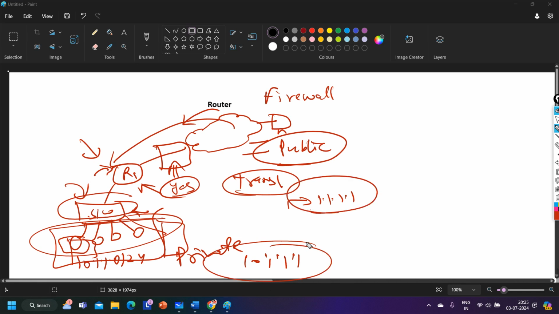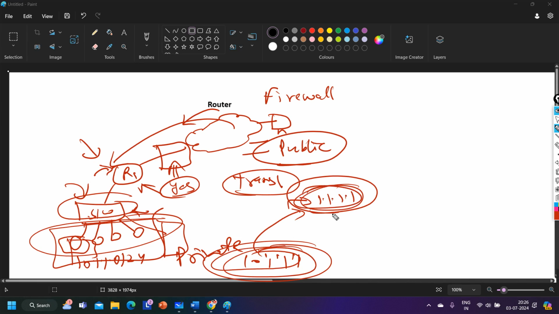Is it sufficient that I have converted this IP address into this IP address? Yes, it is also security, but it is not sufficient. Earlier I was pinging this IP address, now I will ping this IP address. Earlier I was sending a virus to this IP address, now I will send it to this IP address. NAT is just hiding your private IP address.